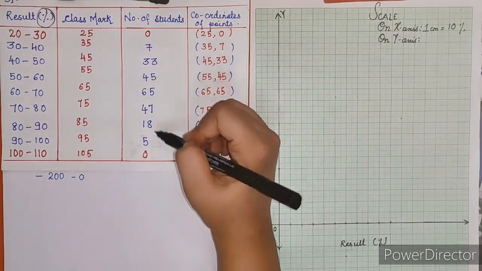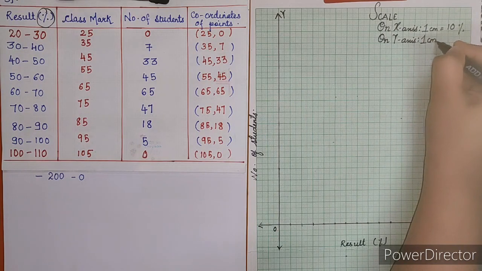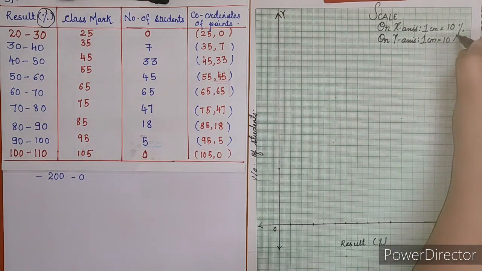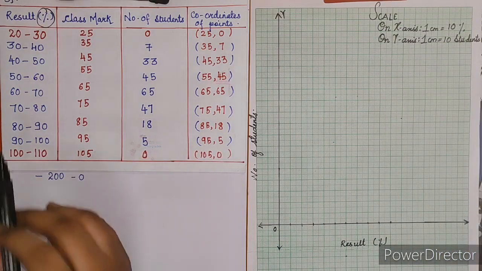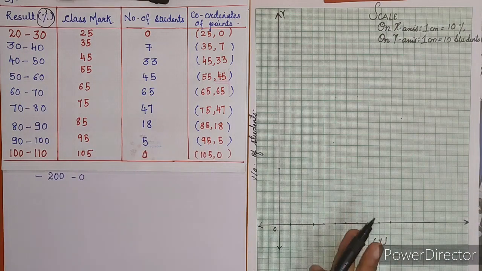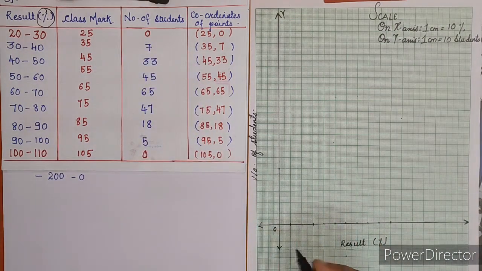So you read the frequency and decide the scale. It will be 1 centimeter is equal to 10 students. So we can write the scale. As we don't have to mark the class on the graph, we have to mark the class mark. So you first will see how it comes.